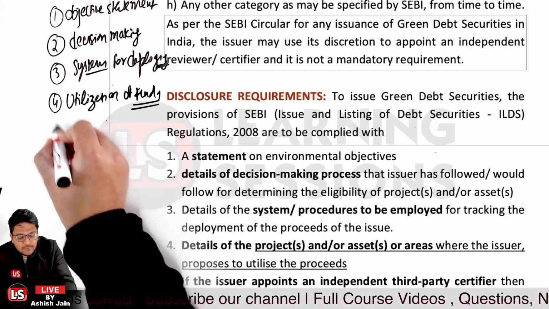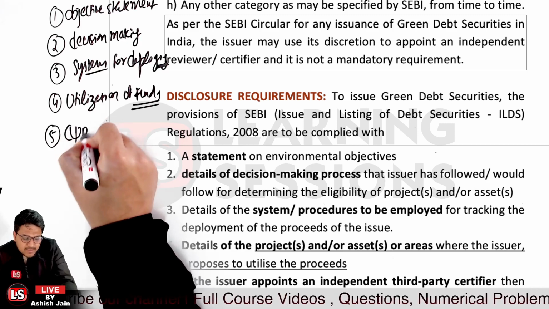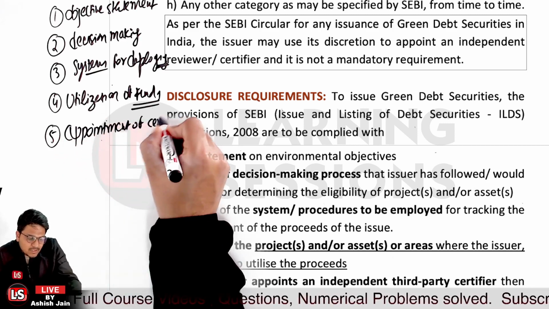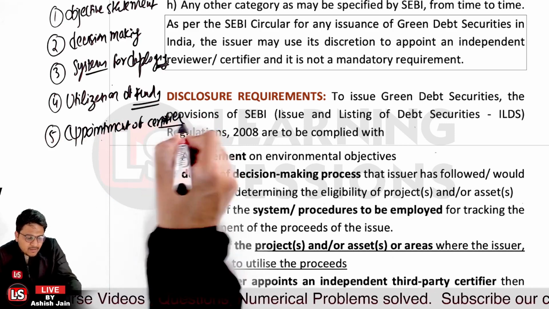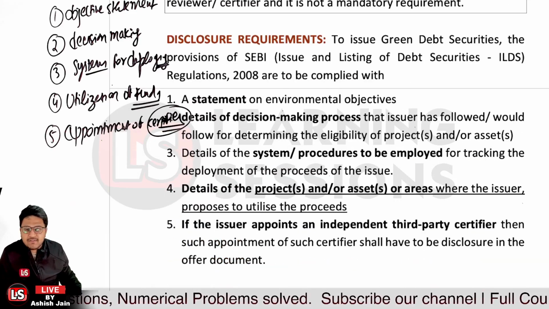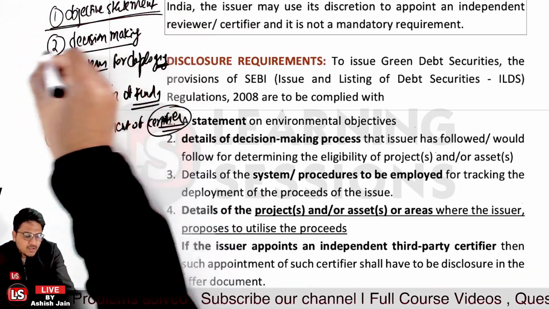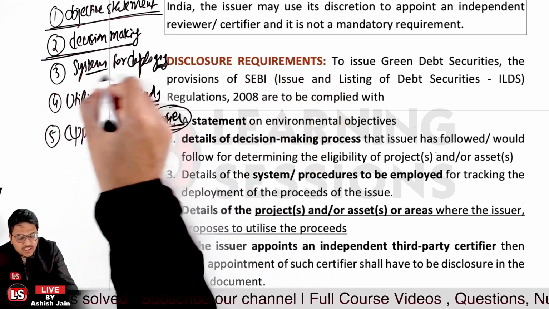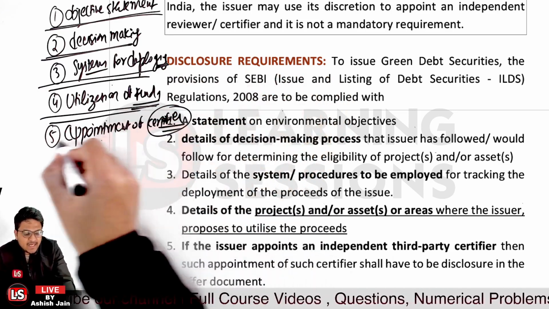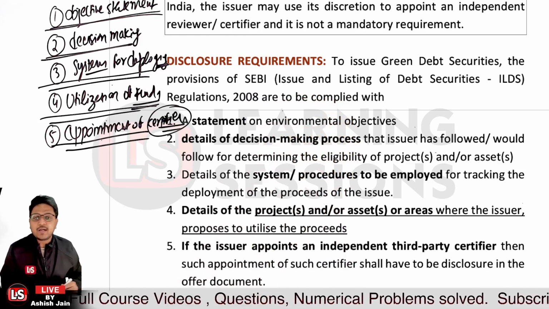And if you do appoint a certifier, that must also be disclosed. So these five things are to be disclosed: the objective statement, how decision making will be done in your company, the system of deployment of funds, the utilization of funds, and if you are appointing a third party certifier or reviewer, that must also be disclosed.